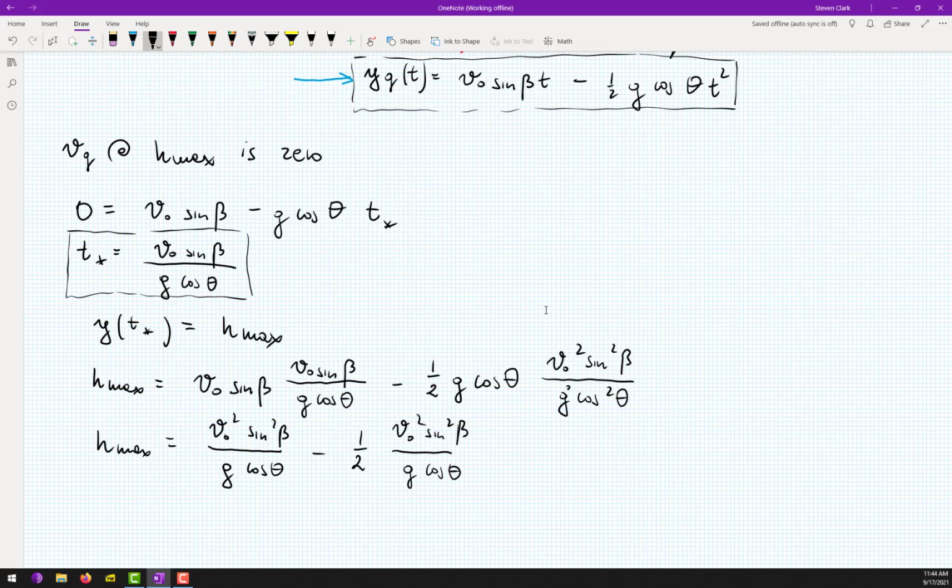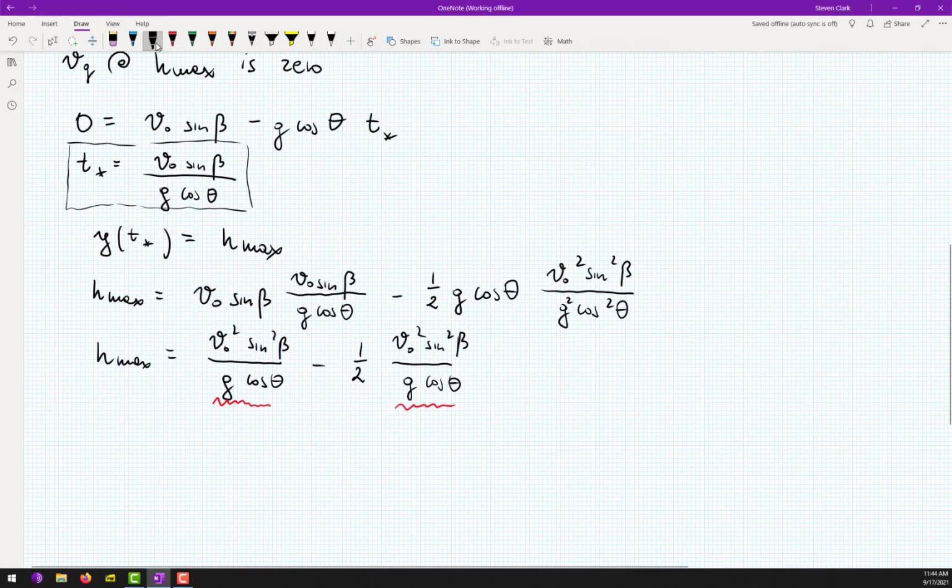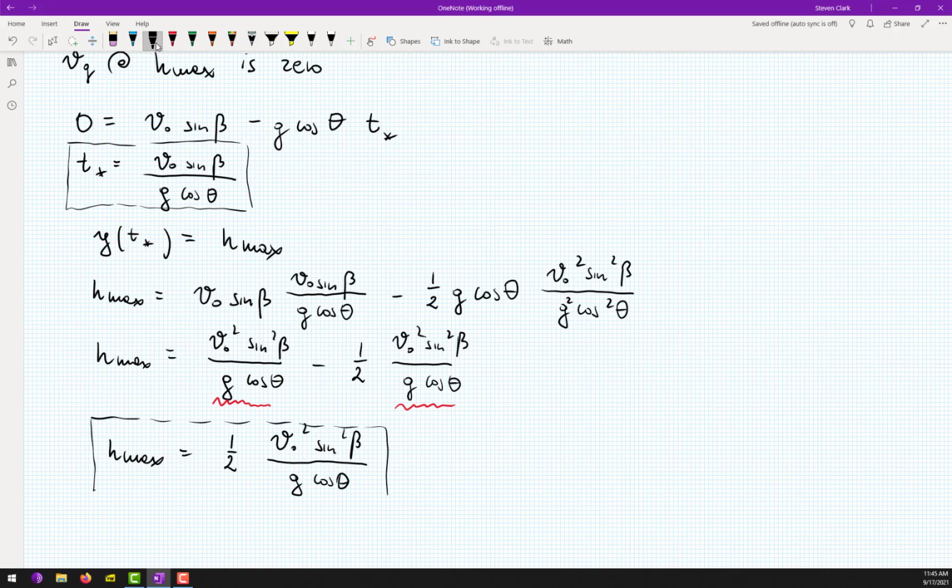So we basically have one thing minus half of exactly the same thing, and we end up with this. This is the end of the problem. This is our H max, exactly what they asked us for.